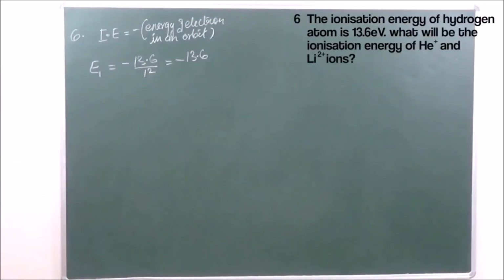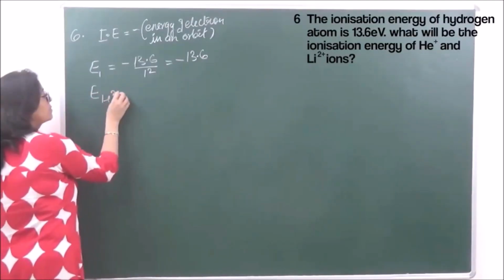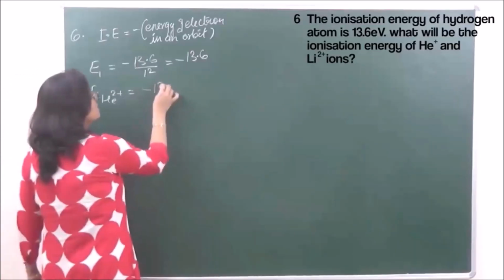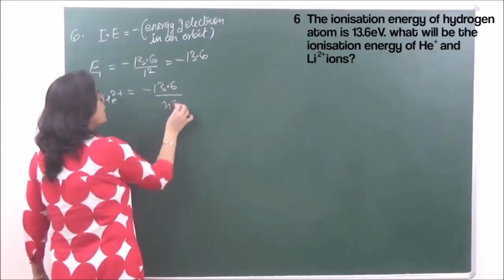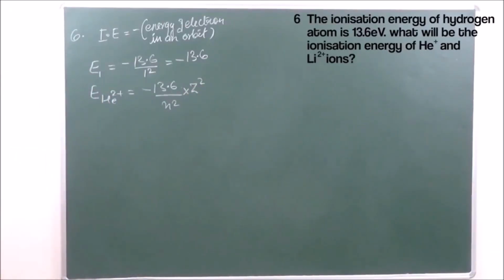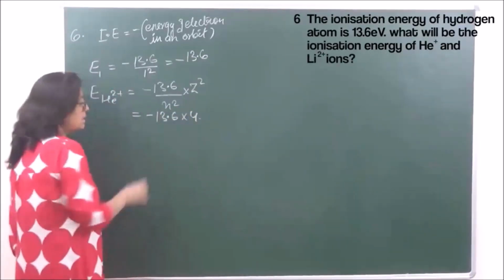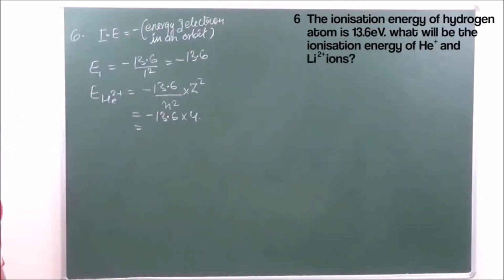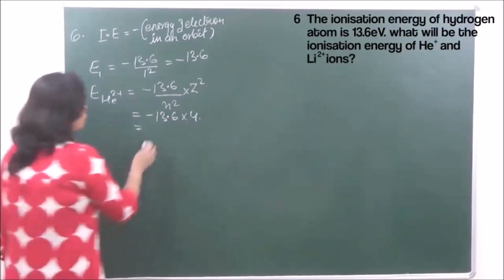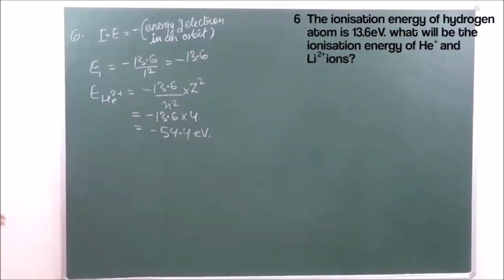In a similar manner, for the first orbit of helium, the formula is minus 13.6 upon n square into Z square. The atomic number of helium is 2, so this becomes minus 13.6 into 4. When you calculate this, it becomes minus 54.4 electron volt. This is the energy for helium.